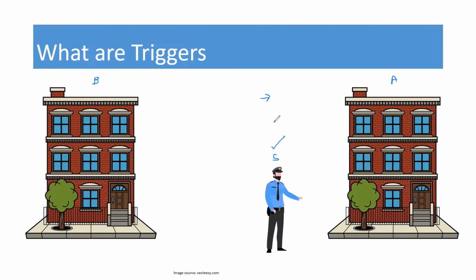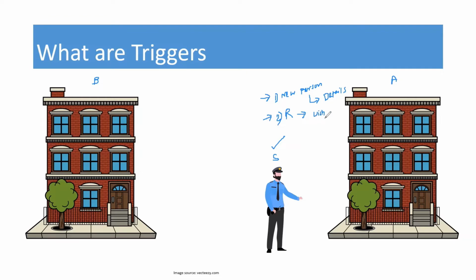The job responsibilities of security guard S go like this. If a new person comes in, the security guard would take their details of where they are coming from, their phone number and the purpose of the visit. If an existing person or a resident of apartment A comes in, the security guard would wish them.